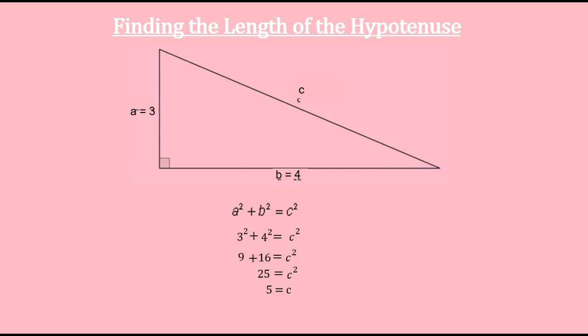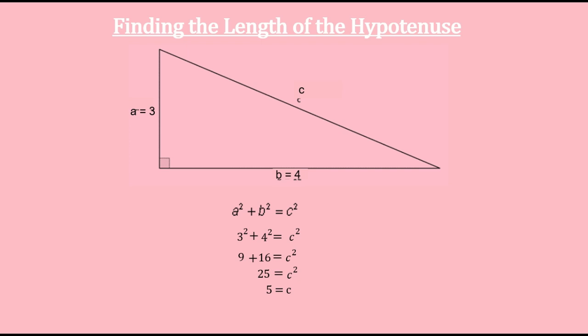A squared plus B squared equals C squared. Substitute now values for A and B. 3 squared plus 4 squared equals C squared. 9 plus 16 equals C squared. 25 equals C squared.